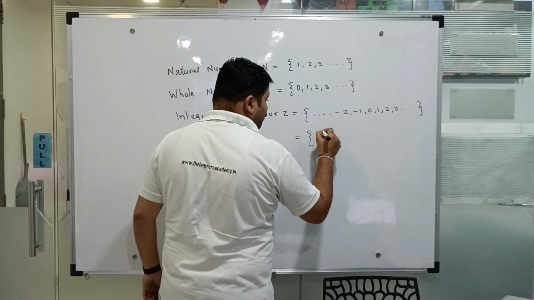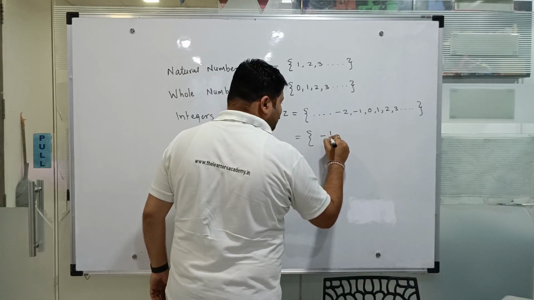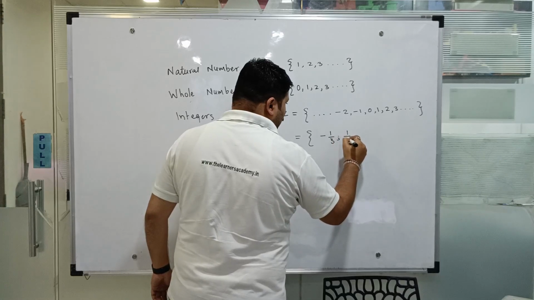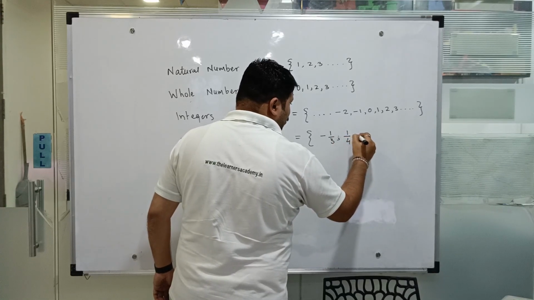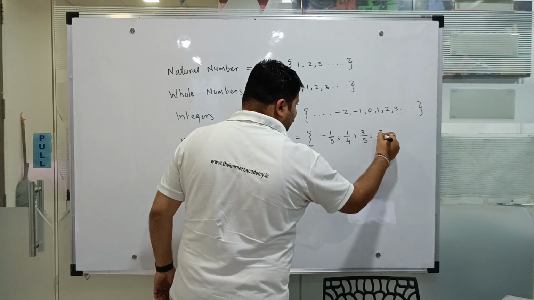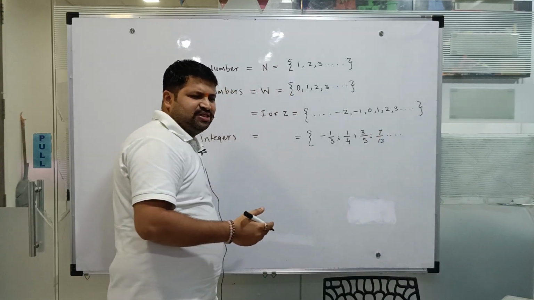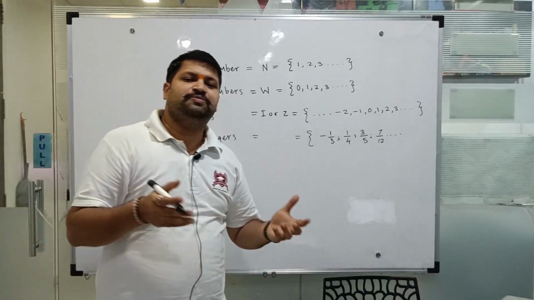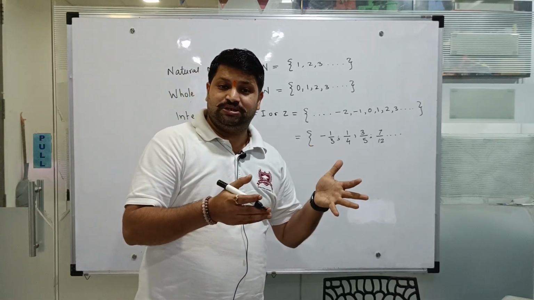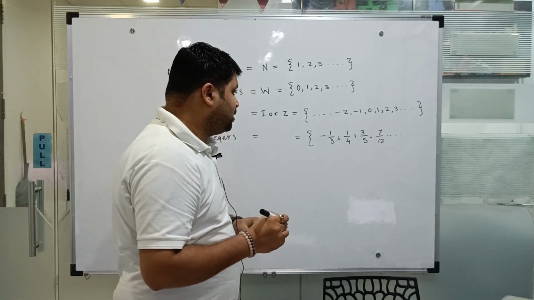So we can have, say, minus 1 upon 3 or 1 upon 4 or 3 upon 5 or 7 upon 12, and we can have anything in it, be it negative or positive. As long as it's not included in the set of integers, we'll call them non-integers.